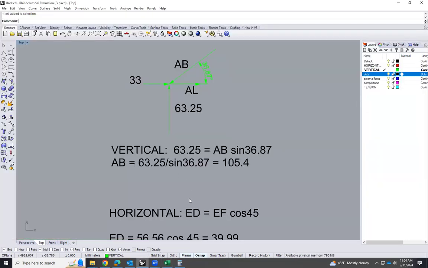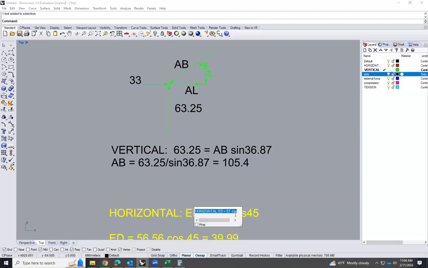And then the horizontal: I have 33. I have AL going in this direction, going right, and then I have AB cosine the angle going right. So the horizontal equation is 33 plus AL, and now I have AB.